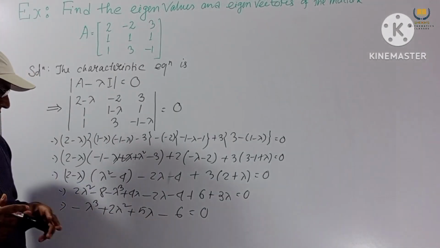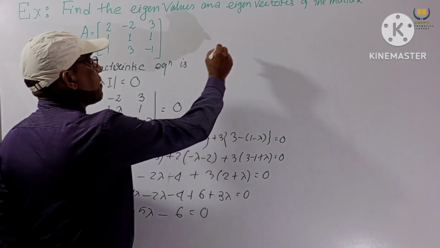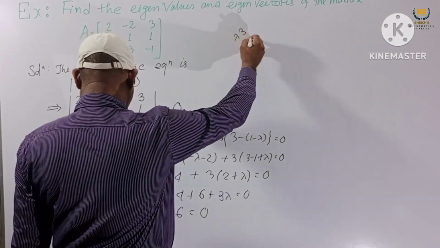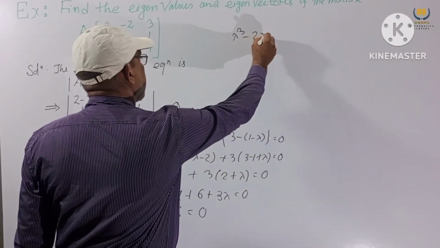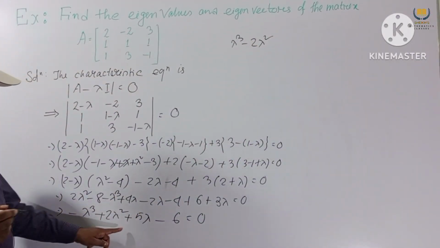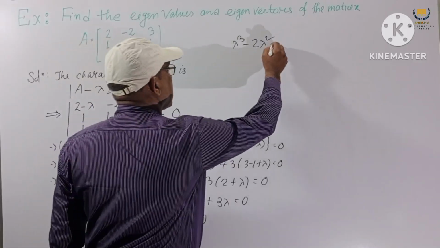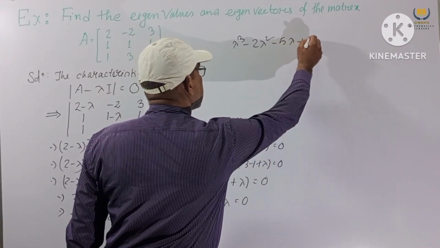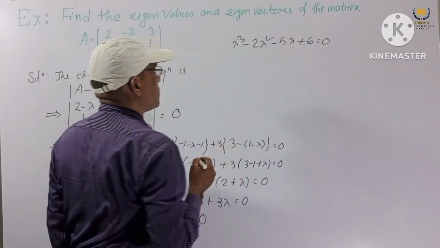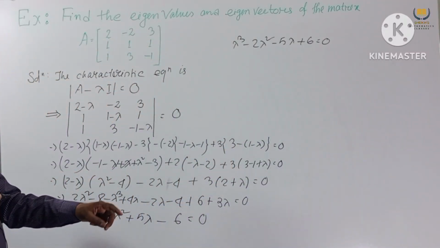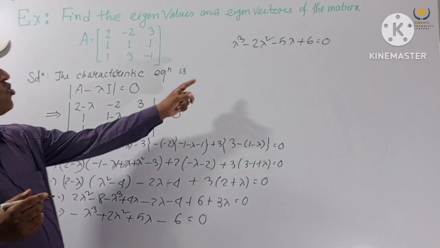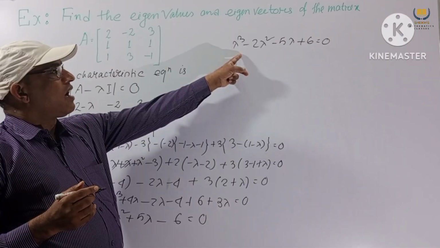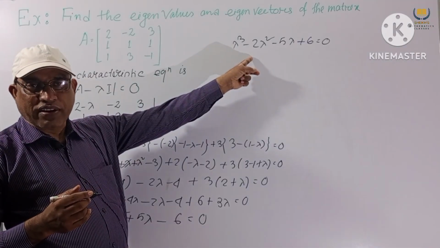Multiplying by minus sign, we get lambda cube minus 2 lambda square minus 5 lambda plus 6 equal to 0. But this is a cubic equation and it is difficult to factorize.